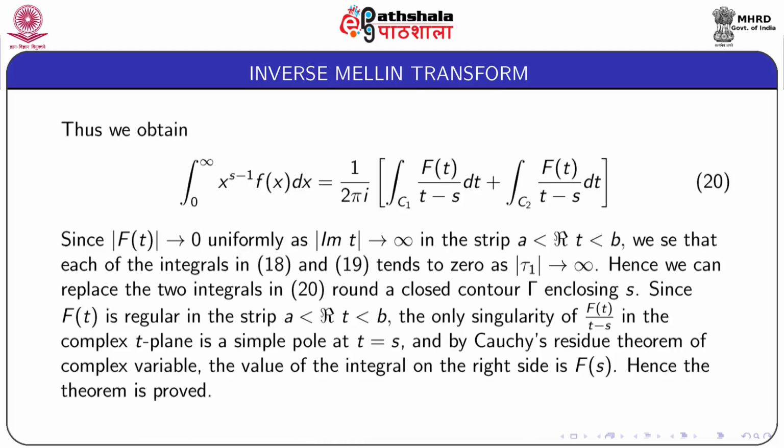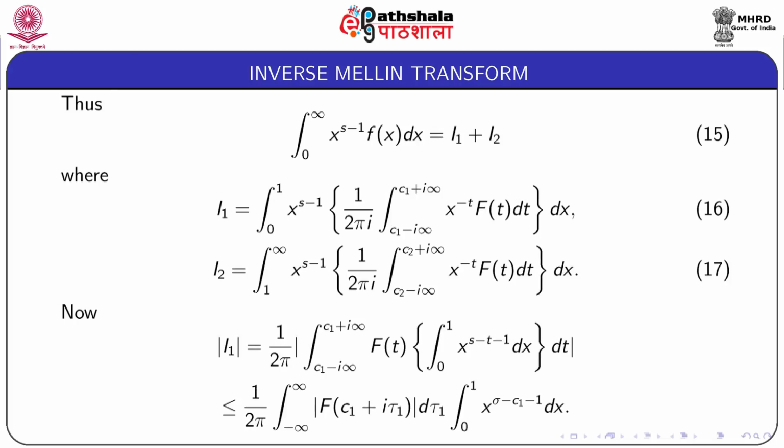Thus, with this definition of I1 and I2, we obtain the integral 0 to infinity x to the power s minus 1 fx dx, which was equal to I1 plus I2 as given by equation 15.